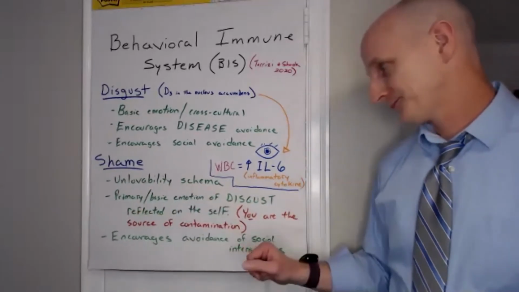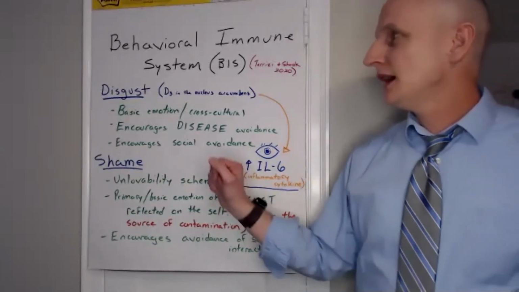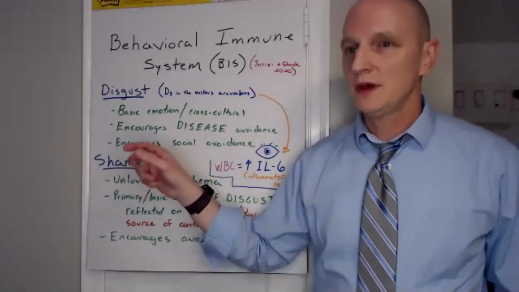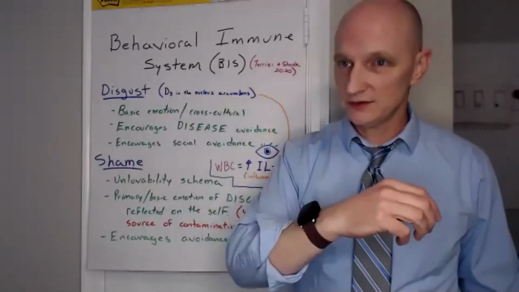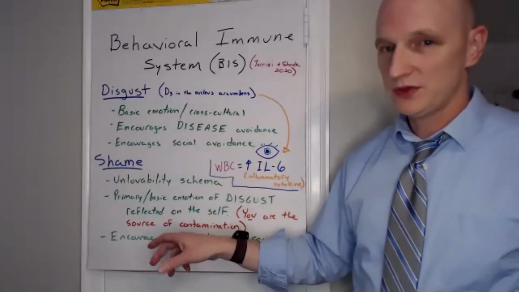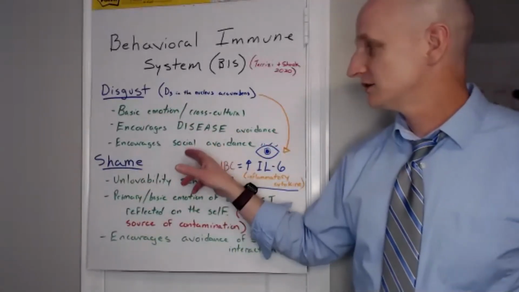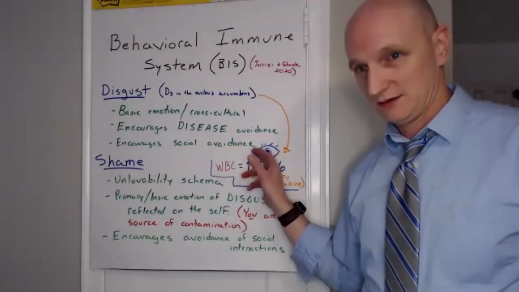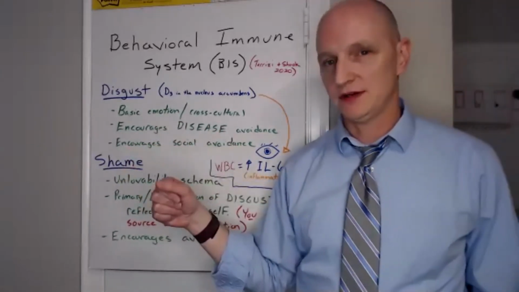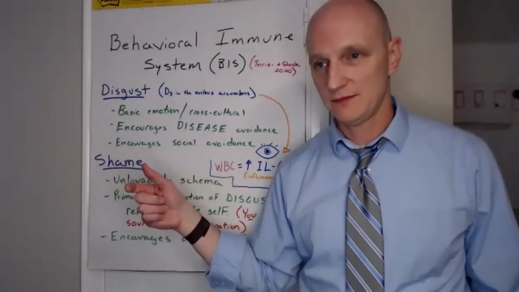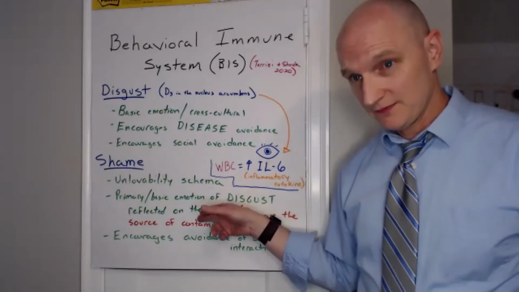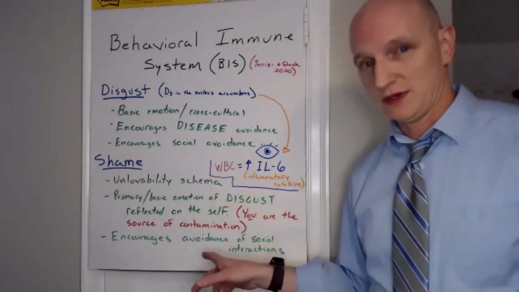And the difference between disgust and shame, and the third word, guilt, is that disgust and shame both encourage social avoidance. If you are disgusted by another person, you'll stay away from them. If you are disgusted by yourself, you also stay away from other people.